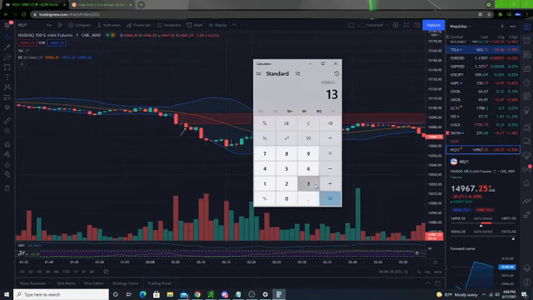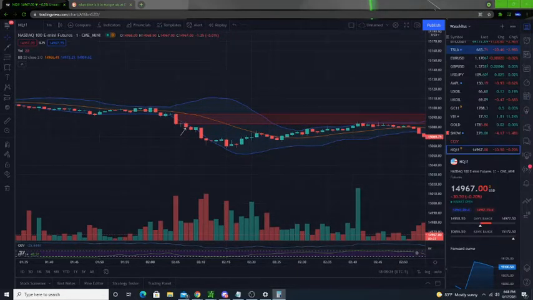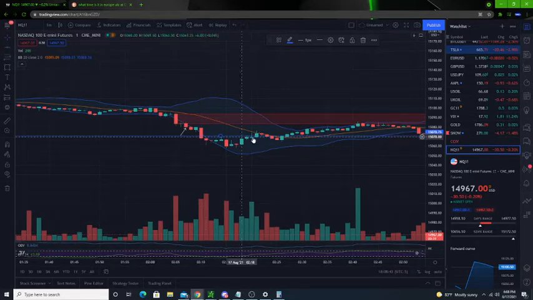We're going to subtract 13.75, which gives us 15,070.75. I need a horizontal line. 15,070.75. Perfect. So here is our first selling point at a 13.75 move.